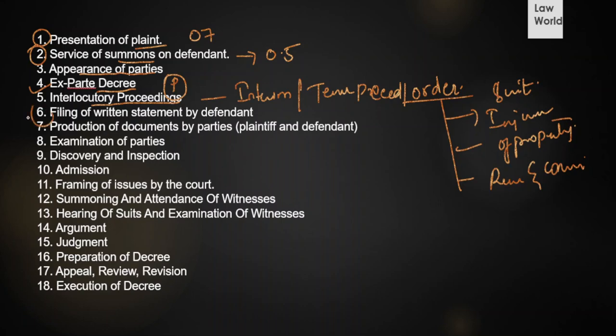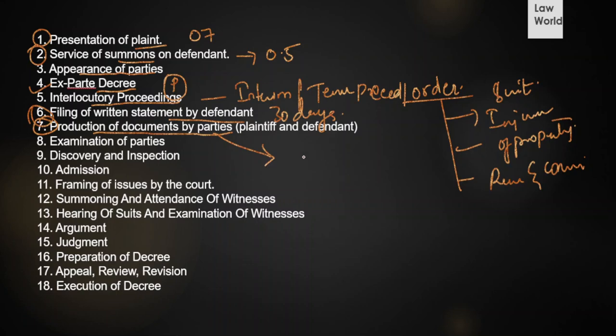The next stage is filing of written statement by the defendant. As you all know, after receiving the summons, within 30 days the written statement should be filed by the defendant. The next one is production of documents by the parties.